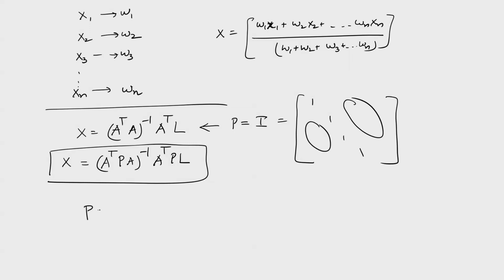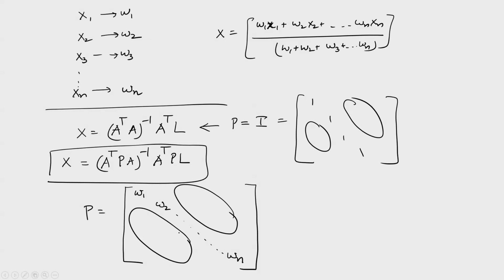When we consider different weights, then what will be the weight matrix here? W1, W2, Wn. And since observations are coming from the field and they are independent and there is no covariance between them, only the variance of x1 is deciding W1. So I write the P matrix like this.